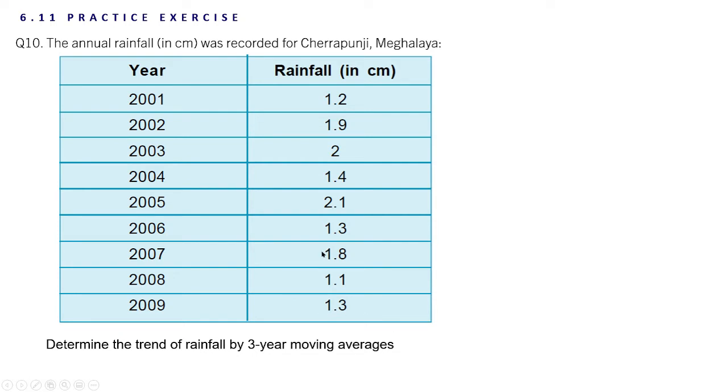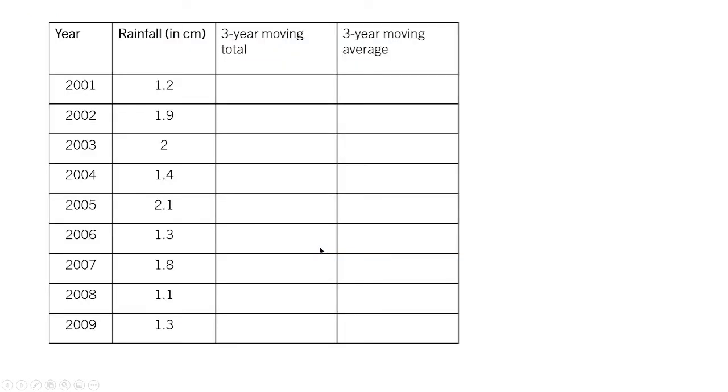So let us draw the table and rewrite what is given. Here the years 2001, 2, 3 up to 2009 are given, and the rainfall for each year is given, and we are asked to find the trend using the 3-year moving average. So first let us find the 3-year moving total, and alongside let us find the 3-year moving average.